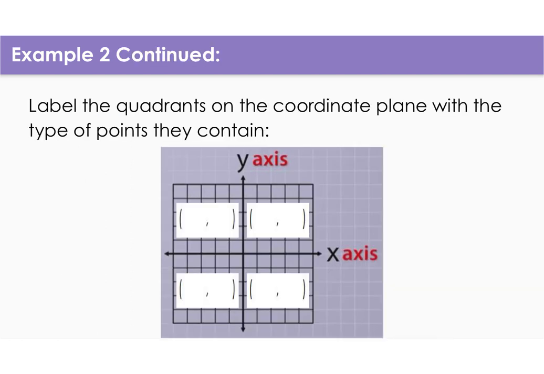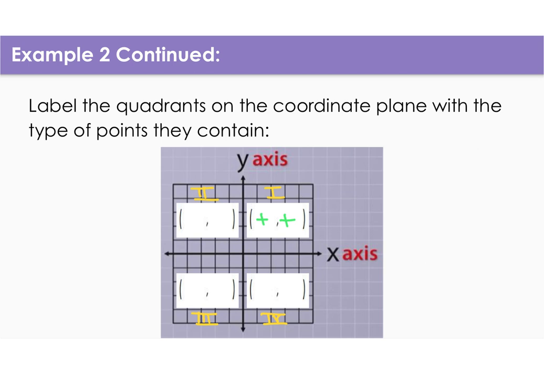So our quadrants, we have 1, 2, 3, and 4. We write these with Roman numerals. So the type of points they contain: if I go over here to quadrant 1, my X values and my Y values are positive.